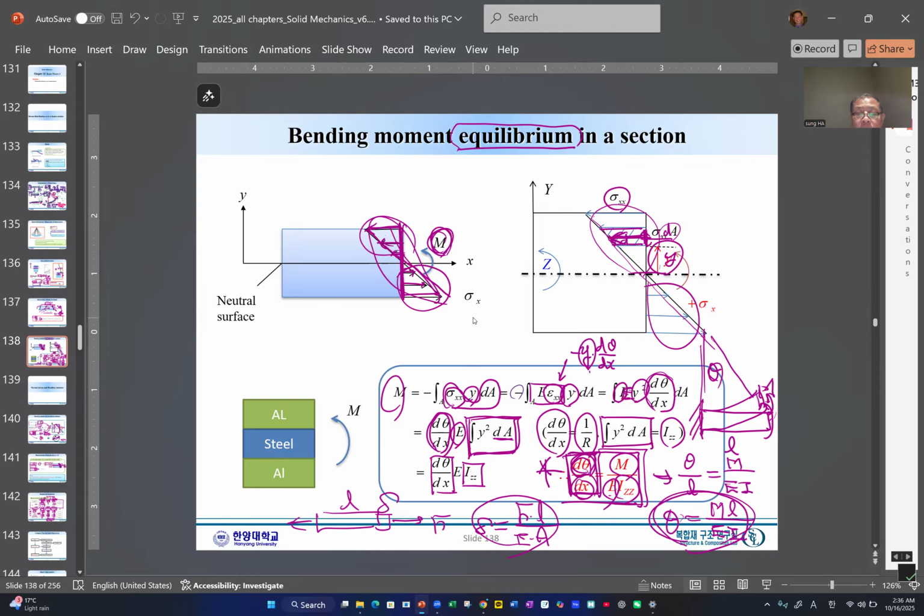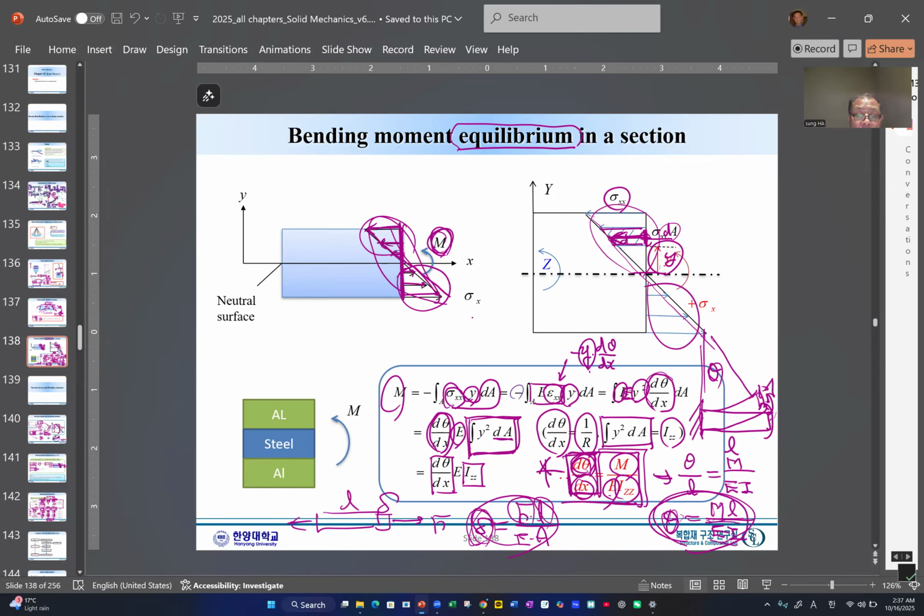So it's not that difficult to remember, but you should remember this. Physically, theta or delta will be proportional to F. It is very obvious. And delta will be proportional to L.